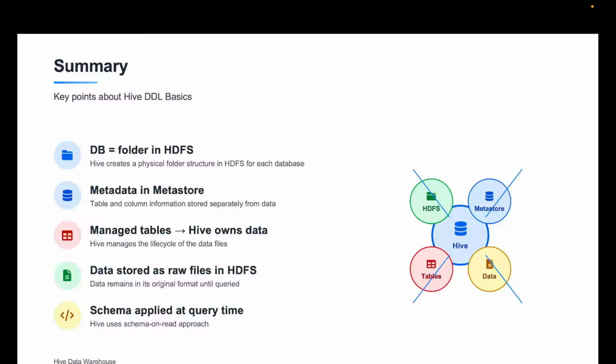I'll come to this in detail, but for now, just remember that for a managed table, Hive owns the data. The data is stored as raw files in HDFS, and the schema is applied only at query time. That is, it is just pointing to that location and getting the data from it. Alright, thank you. Let's meet in our next video where we'll discuss in detail the managed table and external table.